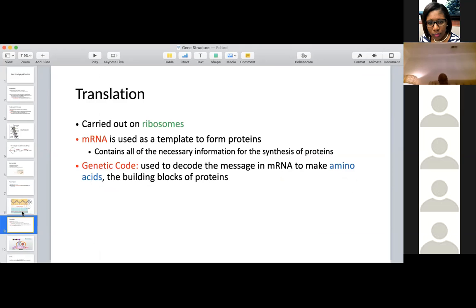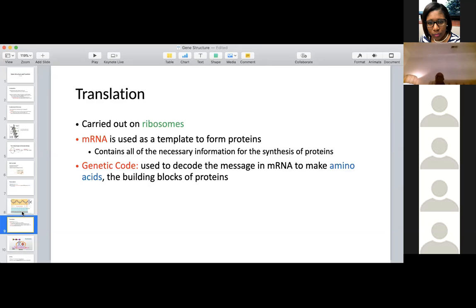So the second part of the story, or the second step in this process of creating proteins, is translation. Now, I said transcription takes place in the nucleus. So that DNA is transcribed into RNA. And so then that messenger RNA has to be translocated out of the nucleus. So it comes out of the nucleus, this mRNA transcript, out into the cytoplasm where we have ribosomes.